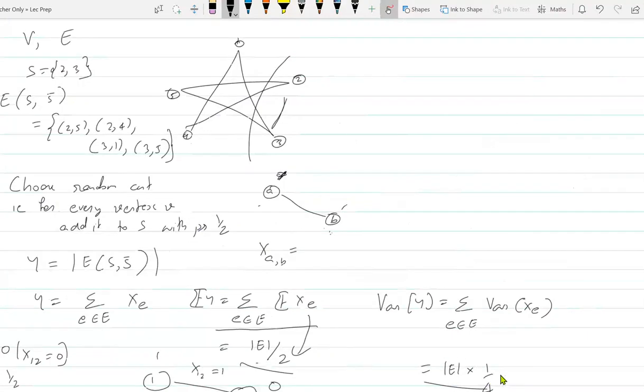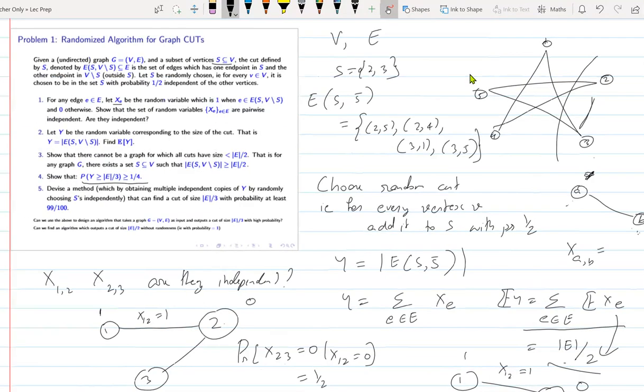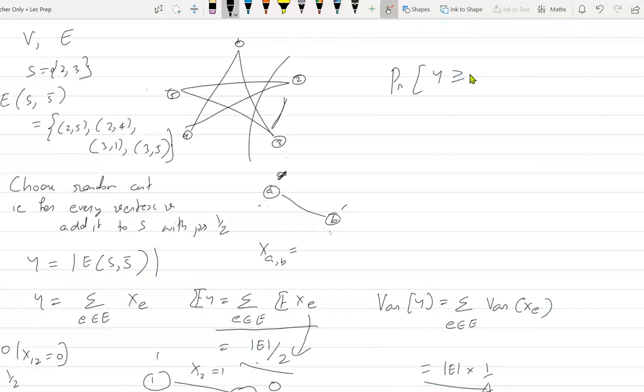So let's look at the probability of y greater than or equal to E by 3. This is equal to 1 minus the probability that y is less than E by 3.